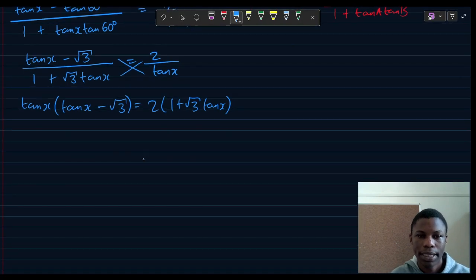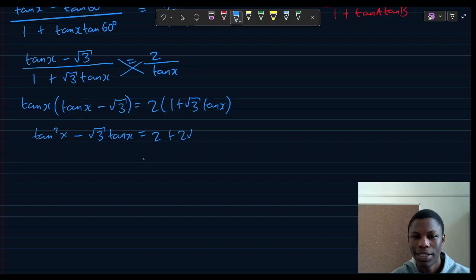Expand the brackets, so tan x times tan x is tan squared x. Tan x times negative root 3 is negative root 3 tan x, is equal to 2 times 1, that's 2, plus 2 times root 3 tan x, that's 2 root 3 tan x.